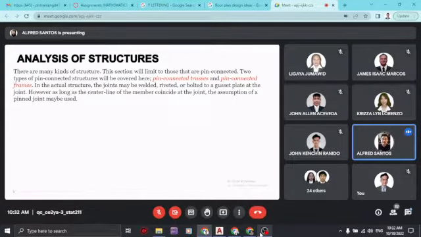In the actual structure, the joints may be welded, riveted, or bolted to a gusset plate at a joint.